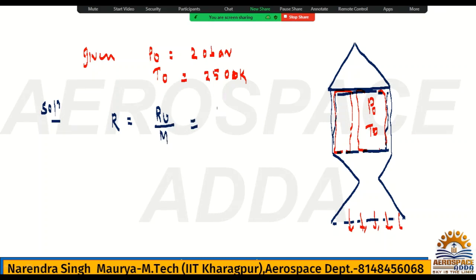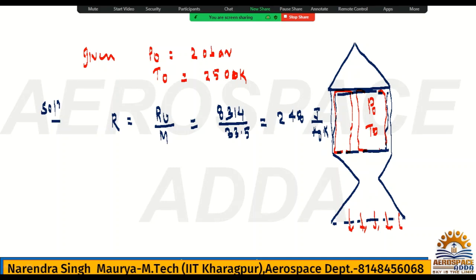So it is nothing but 8314 divided by 33.5. If you do this, how much do you get? 248 joule per kg Kelvin. This will be the value of R.